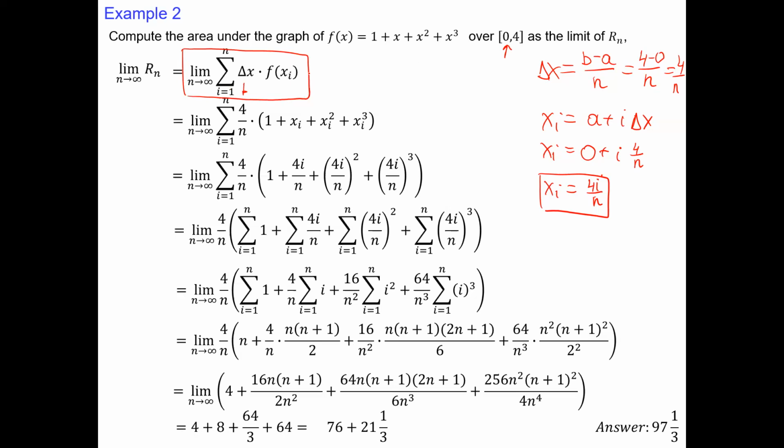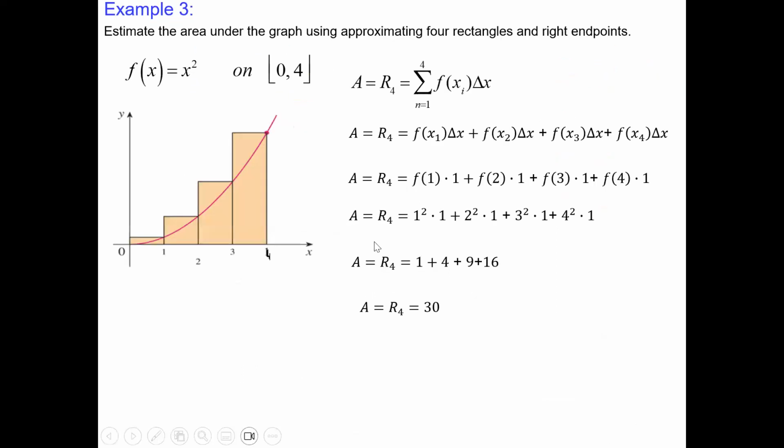And I can just show you the short version of this question. If n is actually not infinity, if n is, for instance, the finite number 4, x squared between 0 and 4, we have to estimate the area under the curve using just 4 subintervals.